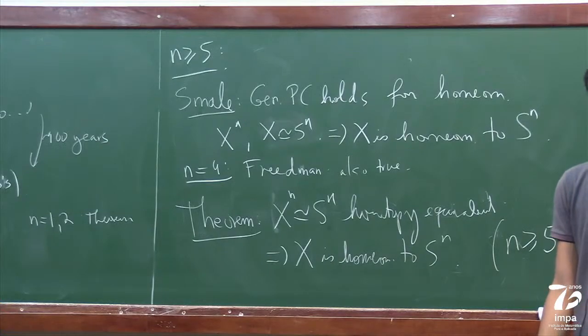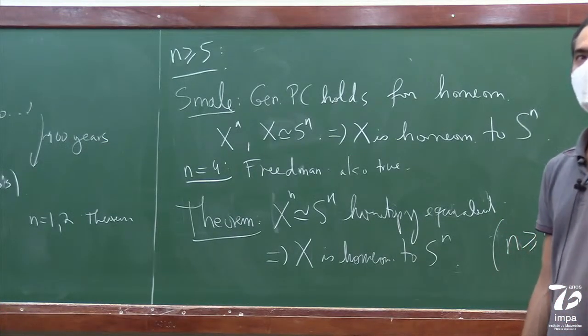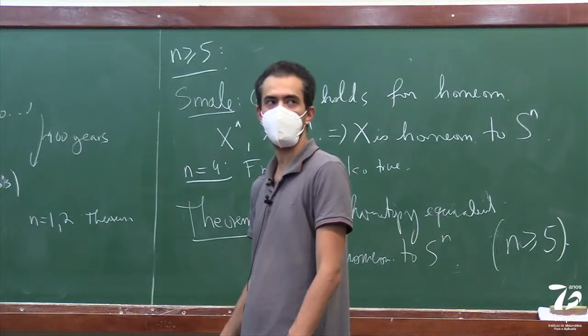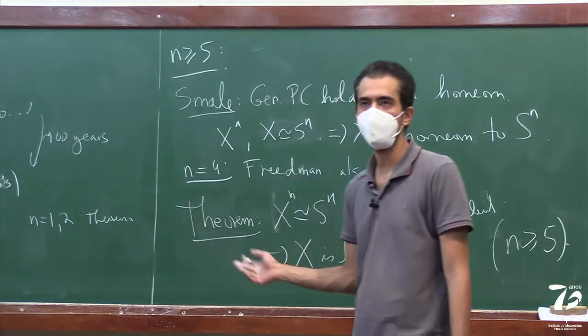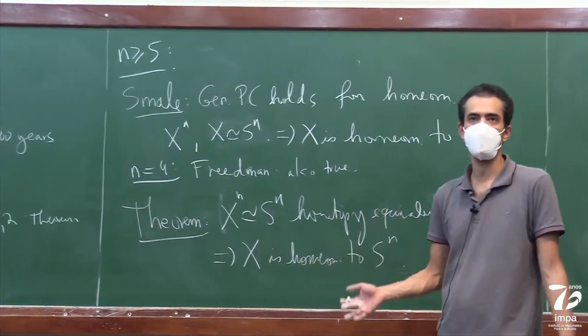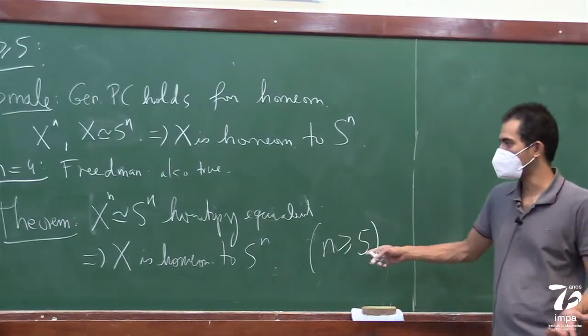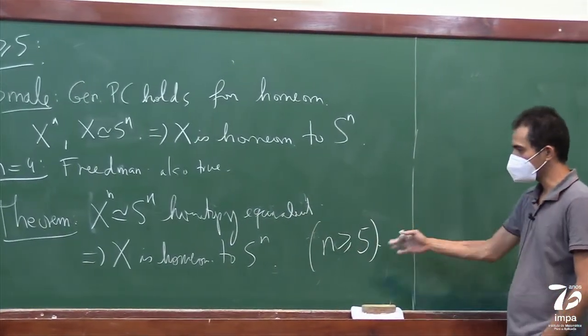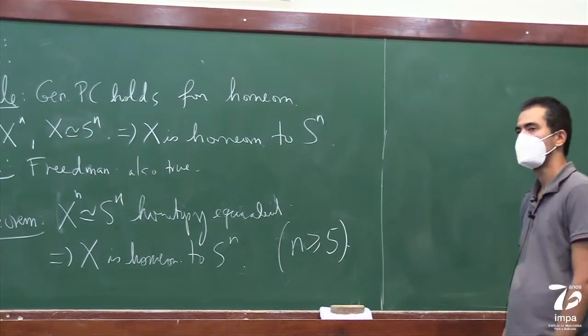And by the way, it's not usually true for diffeomorphic, because there are already examples of manifolds that are homeomorphic to Sn for n at least 7 that are not diffeomorphic. If they're diffeomorphic, then they definitely are homotopy equivalent. So it's not true in the diffeomorphism category.